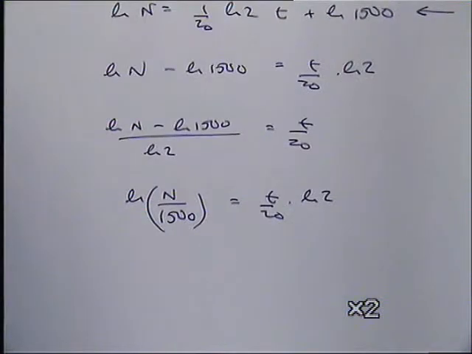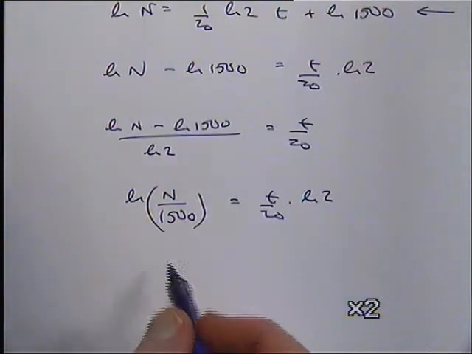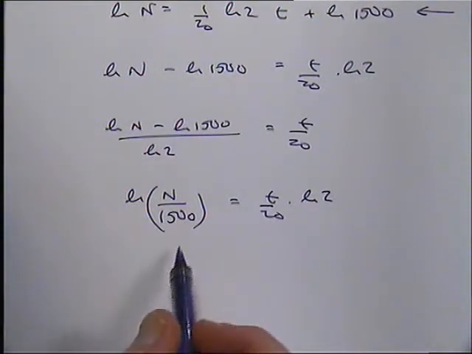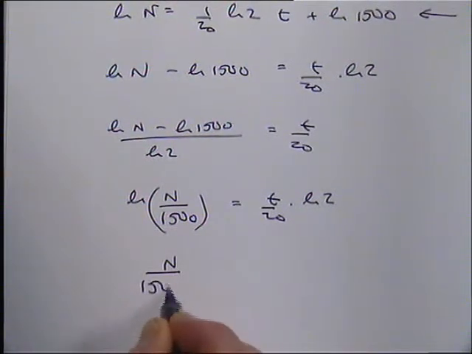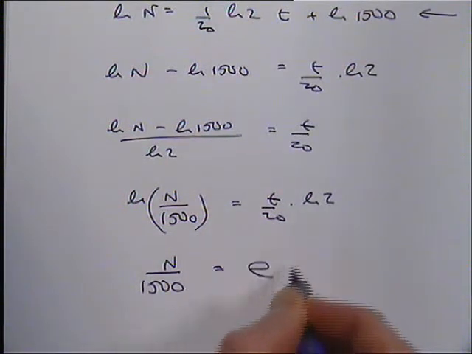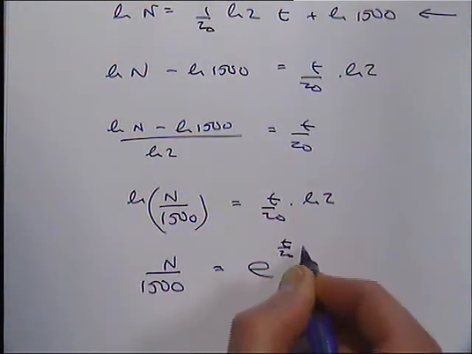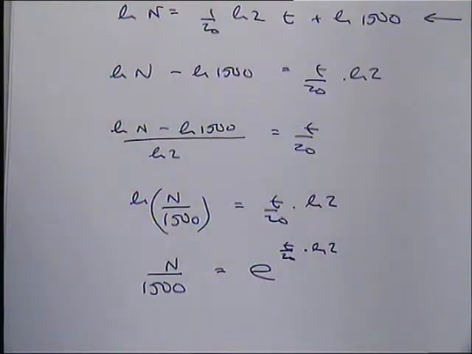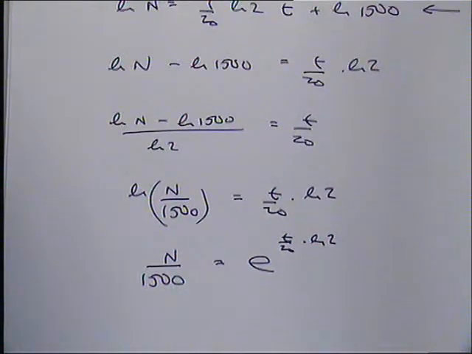But now what I can do is to anti-log, or e to the power of, Laura, as you were saying. So this bit over here, because it's log equals, I can just get rid of the log. And on the right it'll be e to the power of that. Now here I've got 2 powers multiplied together.